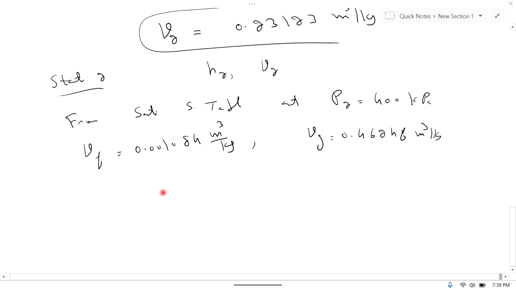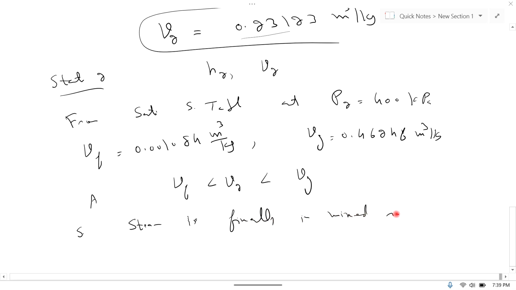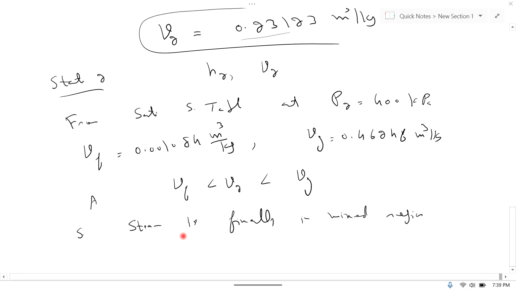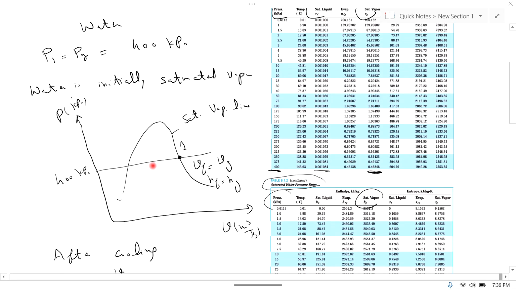The value of V2 is between these two values, as V2 is greater than Vf and less than Vg. So the water is finally in the mixed region after cooling. This is point 1 and this is point 2.